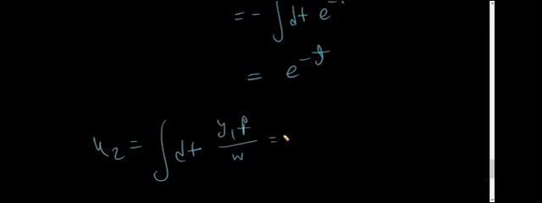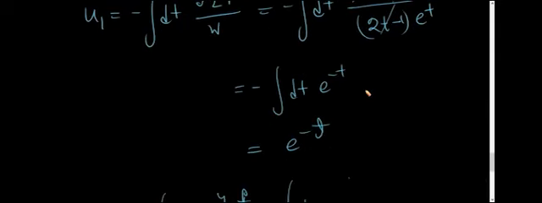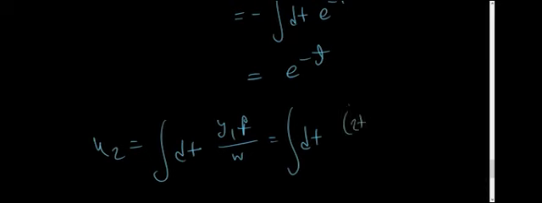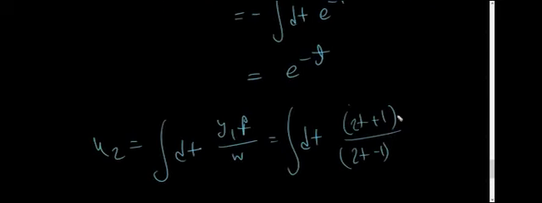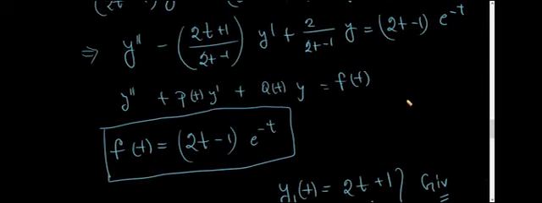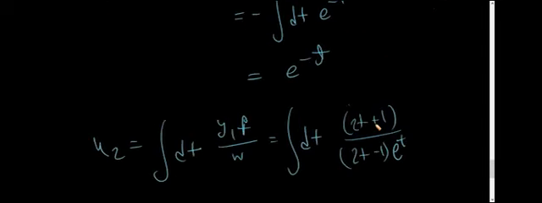Similarly, u2 will be the integral dt of y1 f divided by the Wronskian. Our y1 was 2t plus 1, the Wronskian was (2t minus 1) e to the power t, and f was (2t minus 1) e to the power minus t.